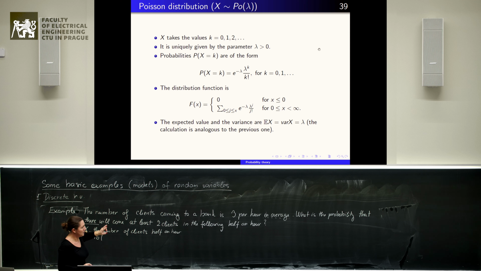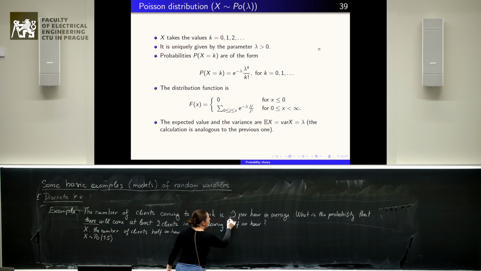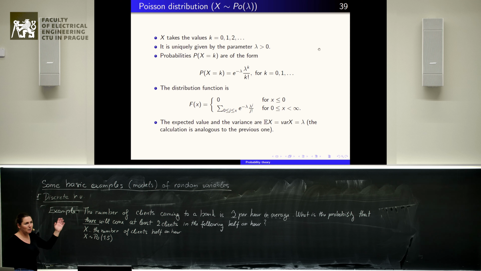So it means that for half an hour, the average number of clients is 1.5. 1.5 is half of these 3 clients. It is the average, so we don't care that it is a decimal number. When we have 3 clients per hour in average, it means that per half an hour we have in average 1.5 clients.